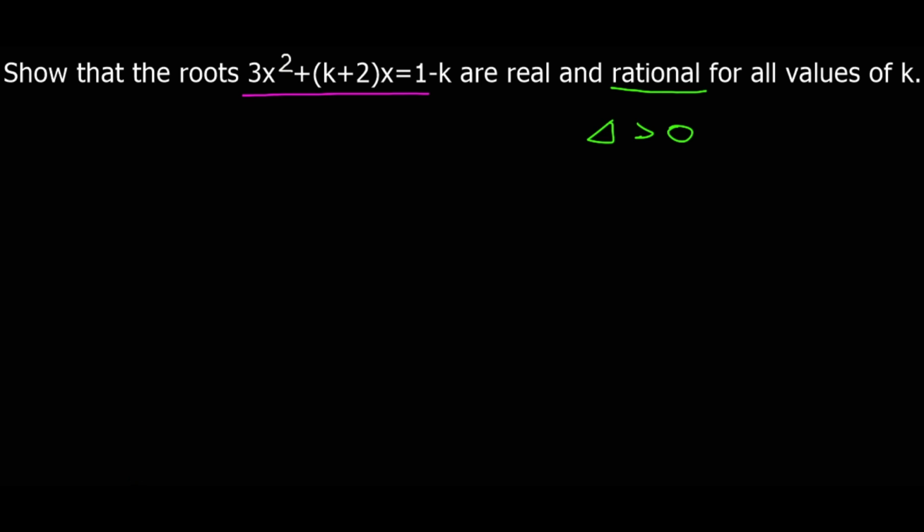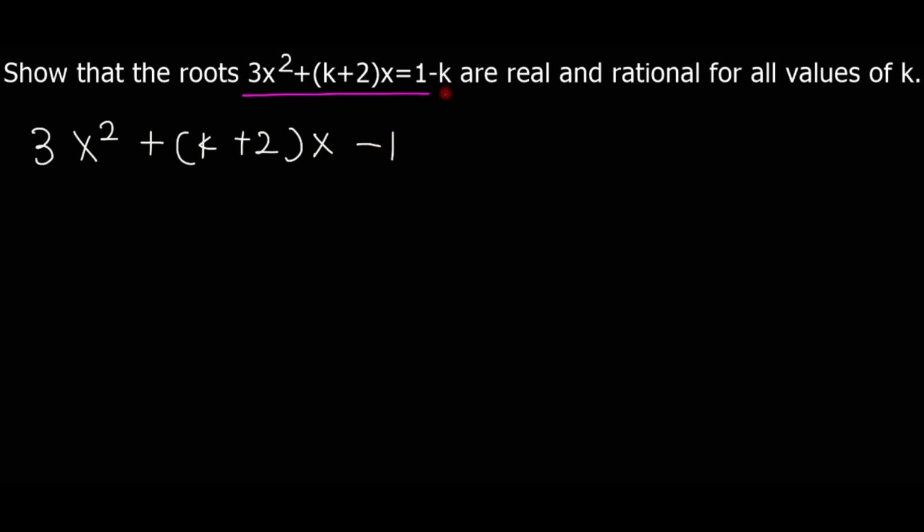What is important from here is to get this equation into the standard form. So 3x squared, and then plus (k plus 2)x. Then take 1 minus k across, so it becomes minus 1 plus k, equal to 0.